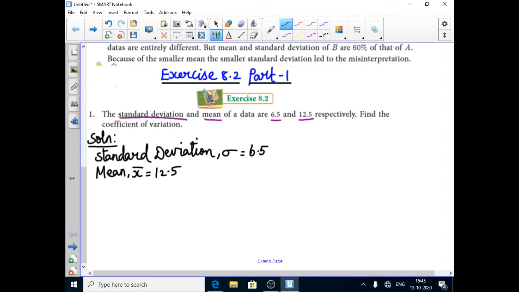You have to find the coefficient of variation. So coefficient of variation, we can write it as C.V. is equal to sigma by x bar into 100.